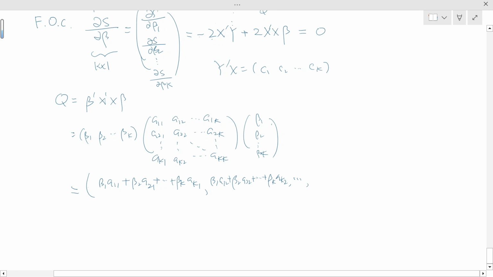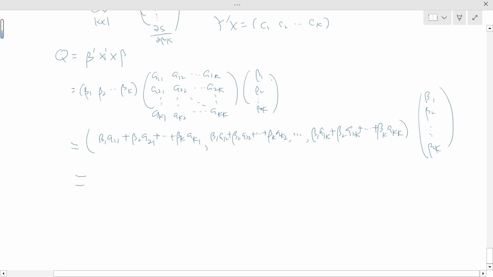Last element is beta 1 times A1k plus beta 2 times A2k plus beta k times AKK. So this is 1 by k vector. So let's times it by beta 1, beta 2, beta k. So it's equal to, again, this row times this column, sum them up.